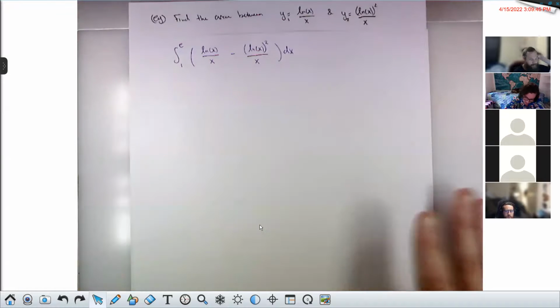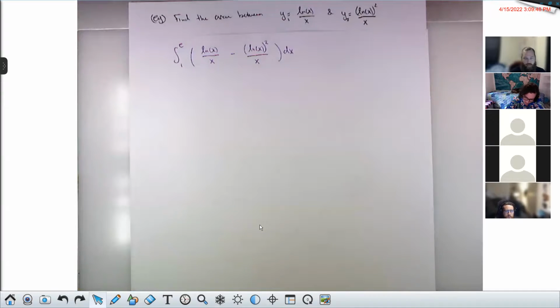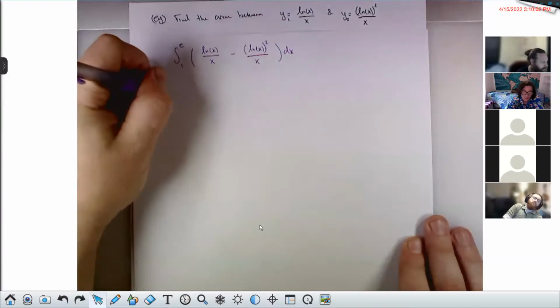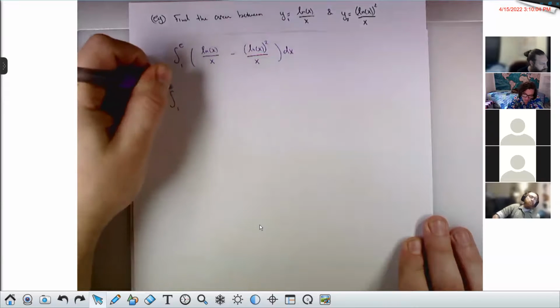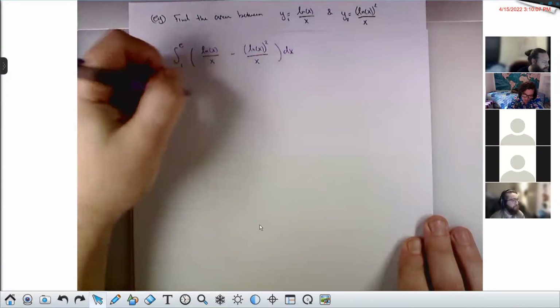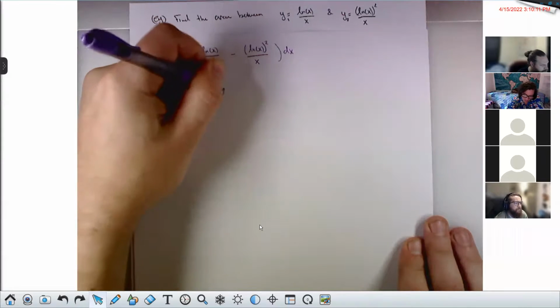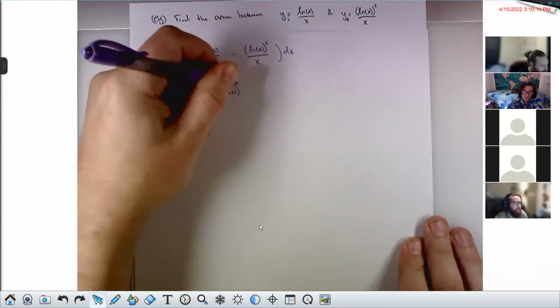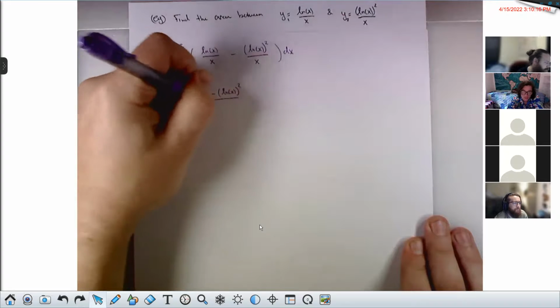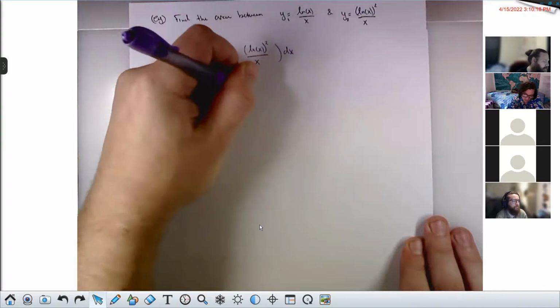Now, the reason I was excited to get to this problem is because here is an example where we can do everything all at once. Calculating an antiderivative for either of those requires the same substitution. So I'm going to go ahead, we've already got a common denominator here. I can write this as the natural log of x minus the natural log of x all squared divided by x dx.